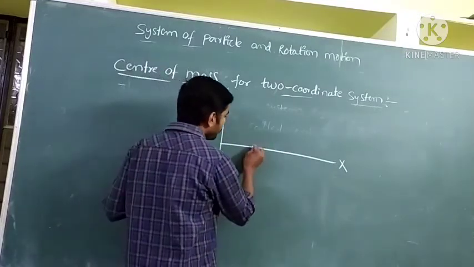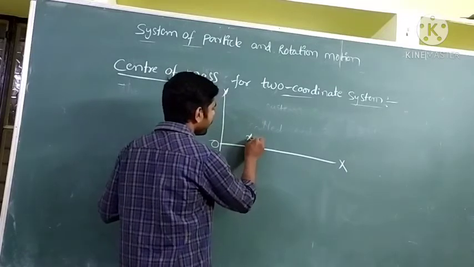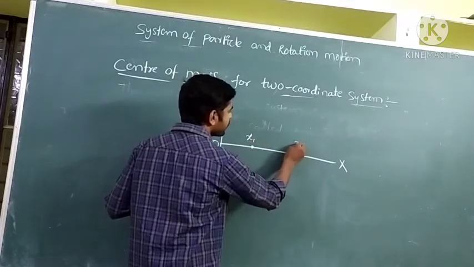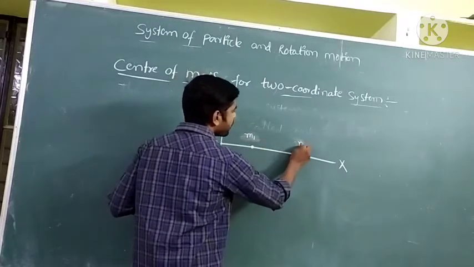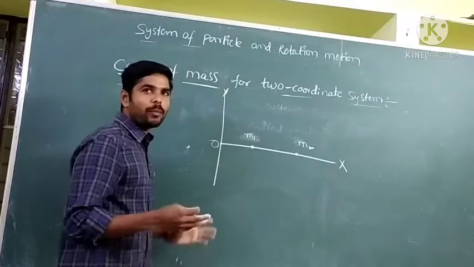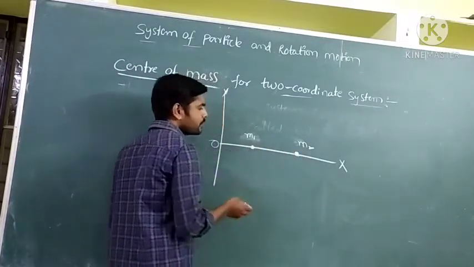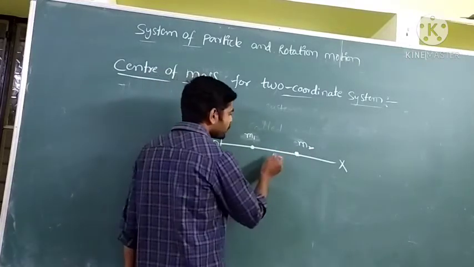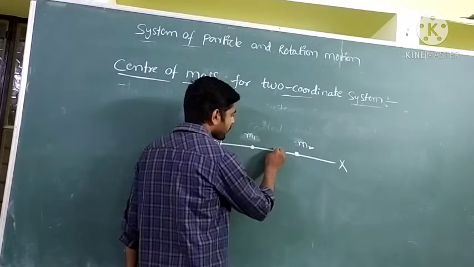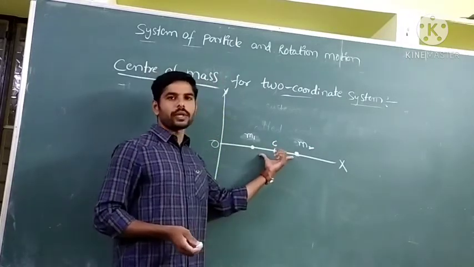If any point mass, let's say this is the origin, and I am taking here the x1 point and here the x2 point. Sorry, the masses I am taking are m1 and m2. Two point masses are on the x-axis. Let's assume the center C is the center of mass of the body.